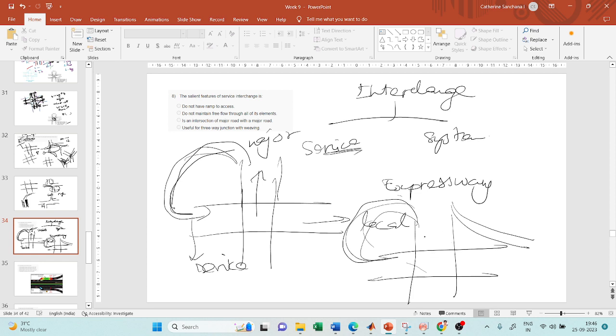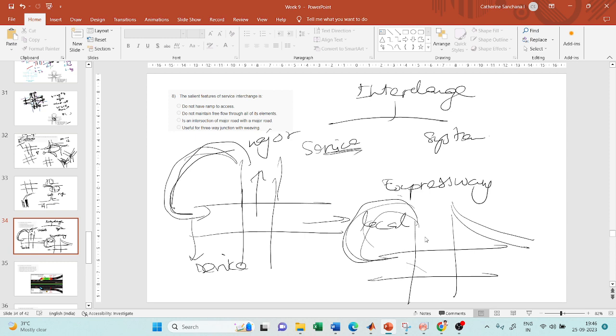So the major difference: in a service interchange, a major road and local roads are first separated by grade and then connected by ramps.